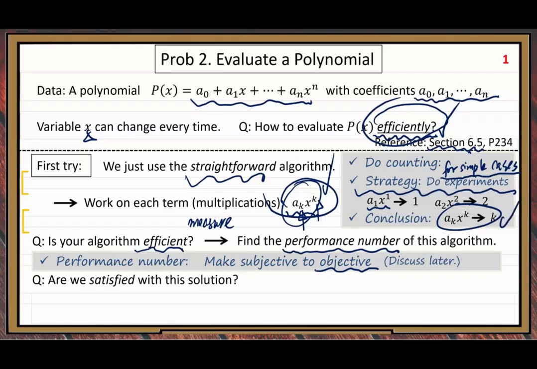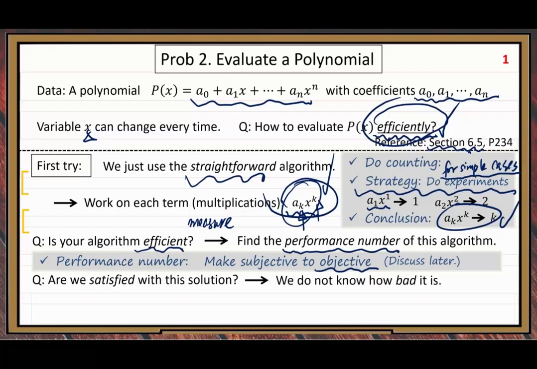This is our first try. It's possible we can find a better solution, but at this point, we do not know how to get one. At least we need to try it, right? Can we do a little better?